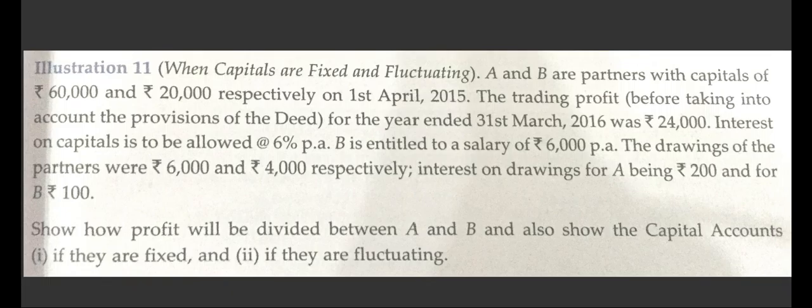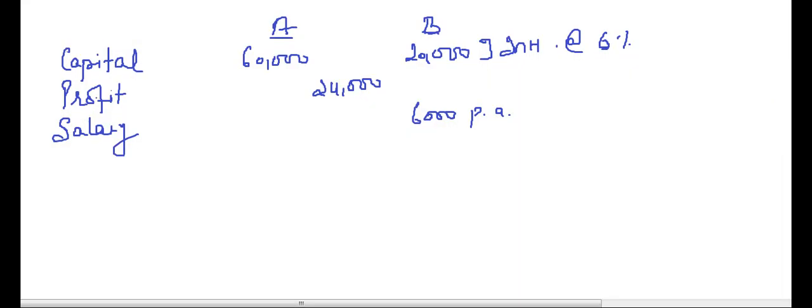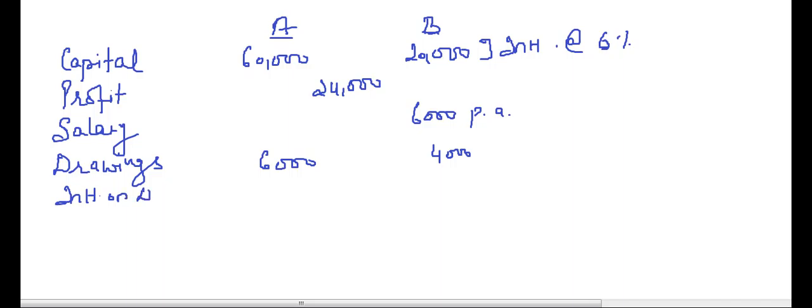Interest on drawings for A being 200 and for B 100. Let us first see what are the drawings. Drawings are 6,000 and 4,000. And what is the interest on drawings? It is 200 and 100.